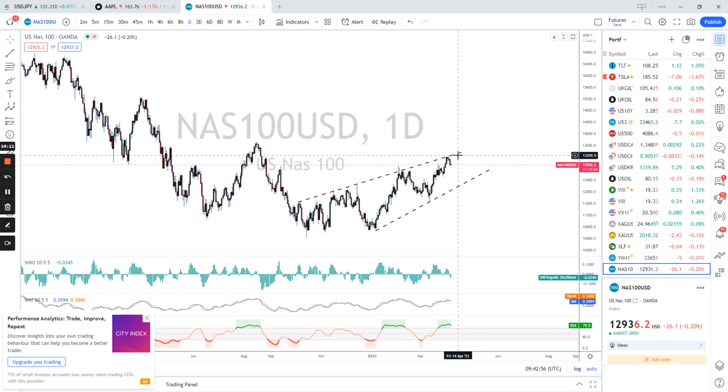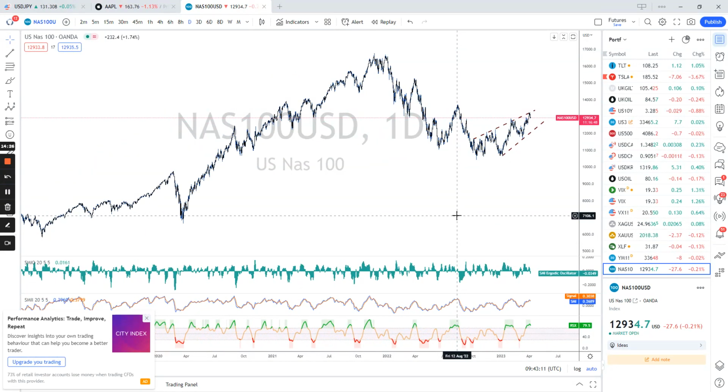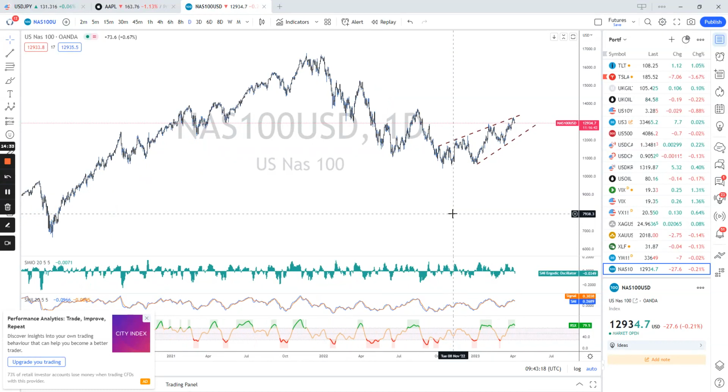And if we get a break above 13,200, we will have an extension higher, and a break below 12,300 will lead to downside continuation. So look at this in the big picture and see what I mean.